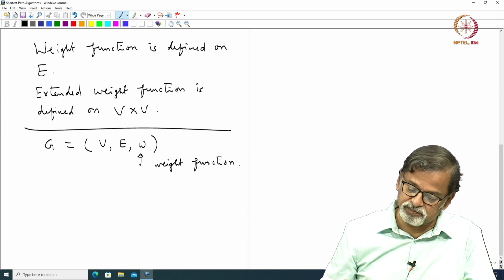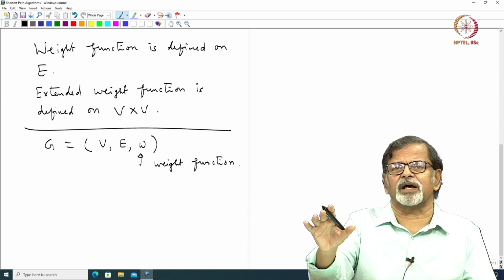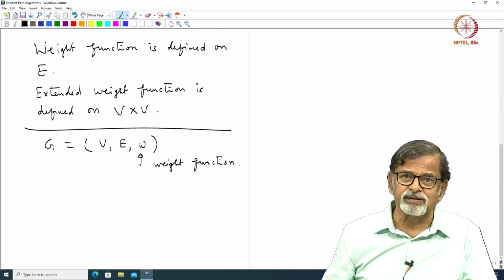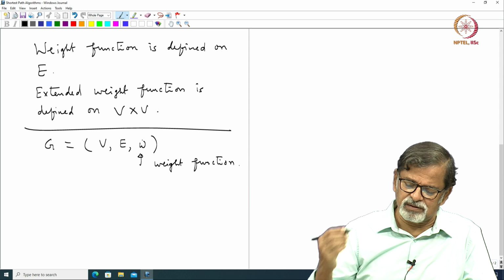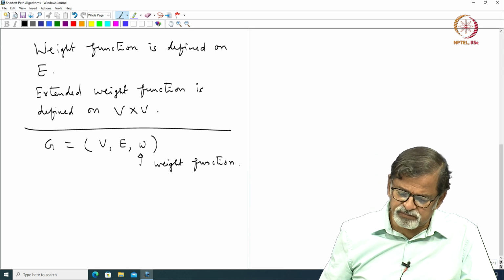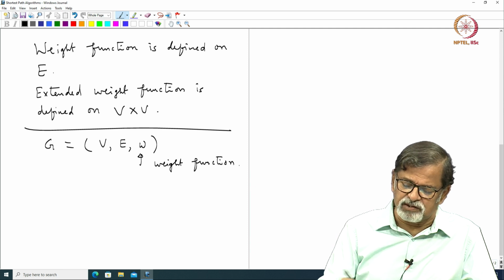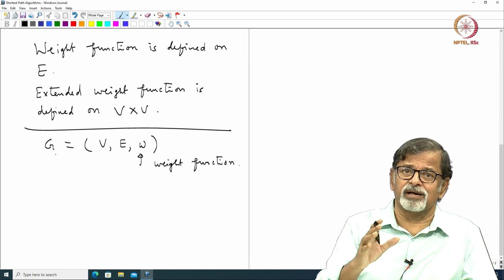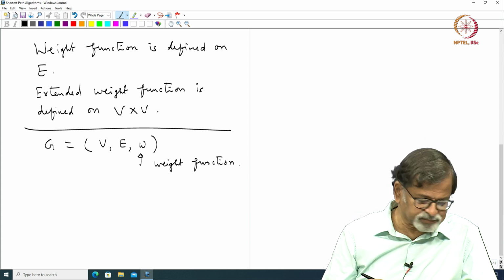Every edge will have an integer associated with it, and we view this association by the function W. This is the general notation we use for a weighted directed graph.